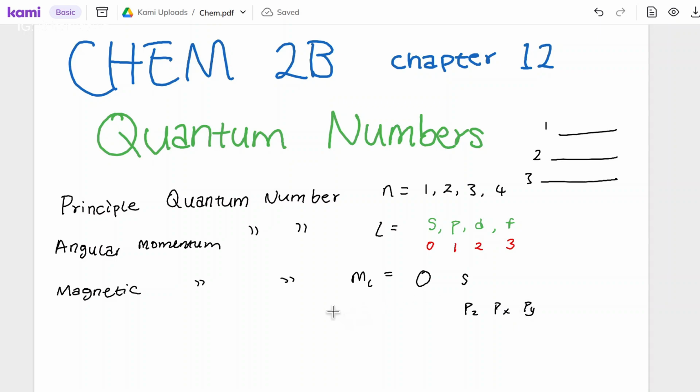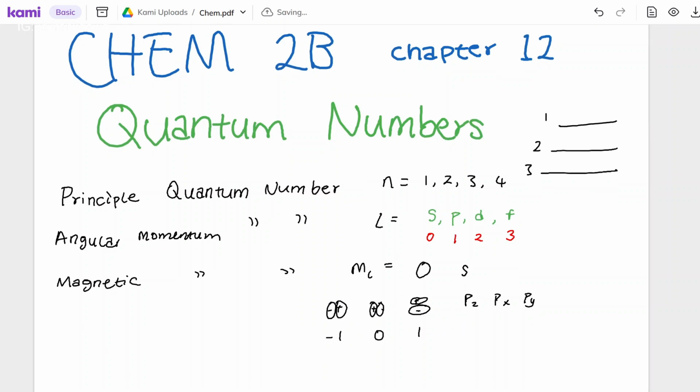They look something like this, either next to each other, also next to each other, positive, negative, then positive, negative, and then on top of each other, positive, negative for the Z. For this one, the ML will be 0. Then for the others, it should be -1, 0, and then 1. I'll show it soon in a moment.